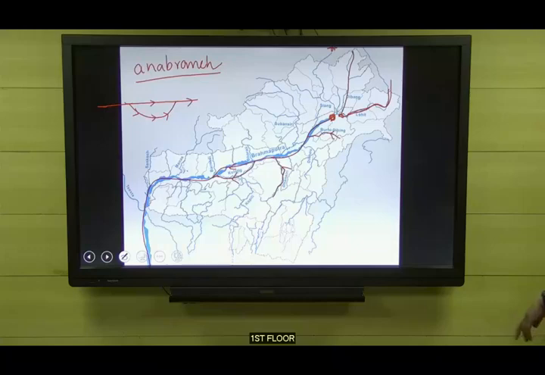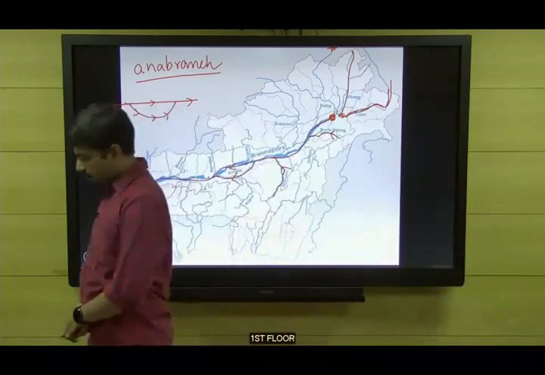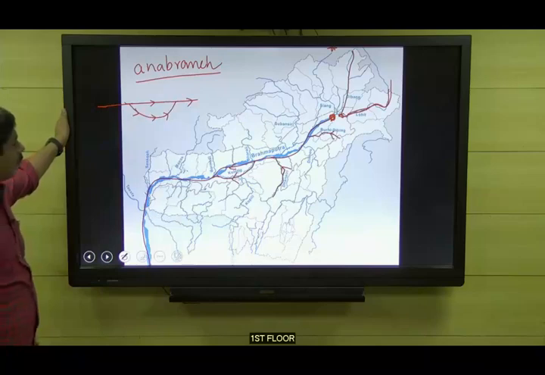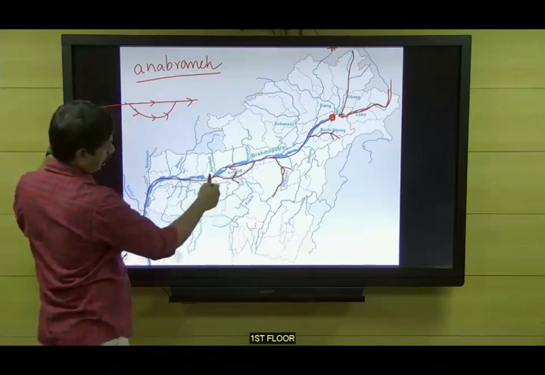Now this Dihang or Siang name and all, you can call anything, but actually where the Lohit is joining, from that point it is known as Brahmaputra. Before that it is Siang. Okay, this Kolong is an Anna branch. It is not a tributary, it is an Anna branch.